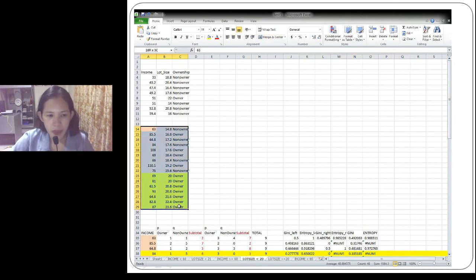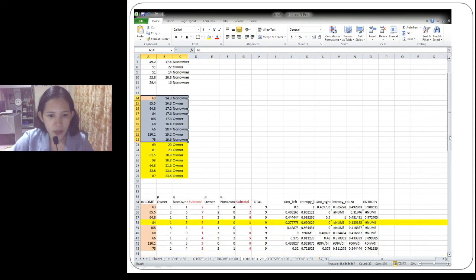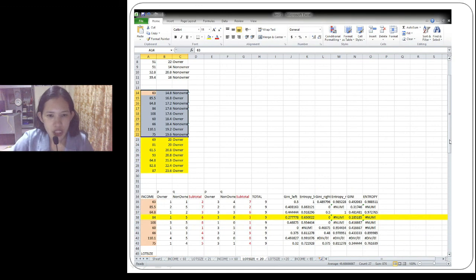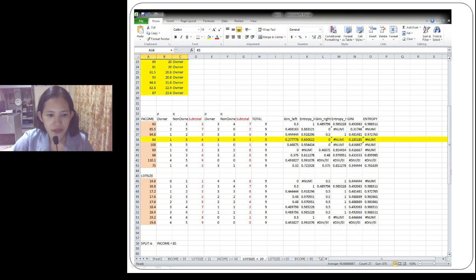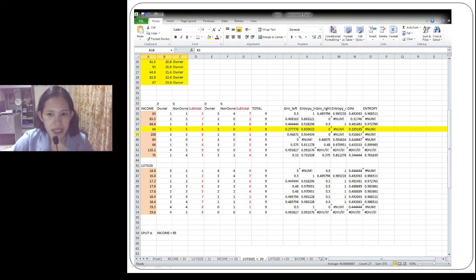Data set from the previous sheet, and then this will be the lot size whose value is less than 20, highlighted in orange. So those are the only data that we will calculate for GINI and entropy. So here we find that the least GINI has the income that is less than 85.